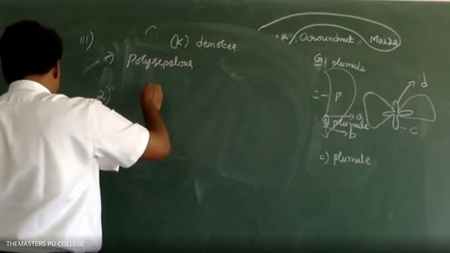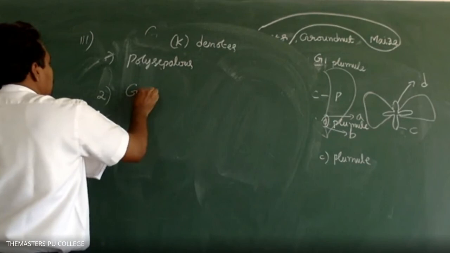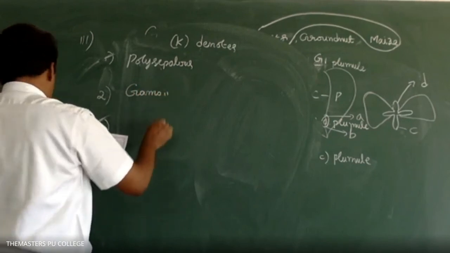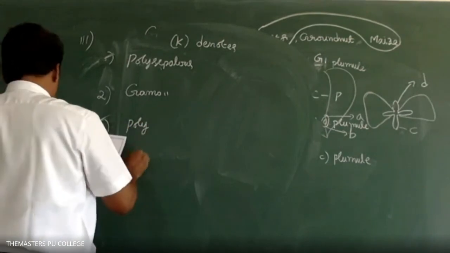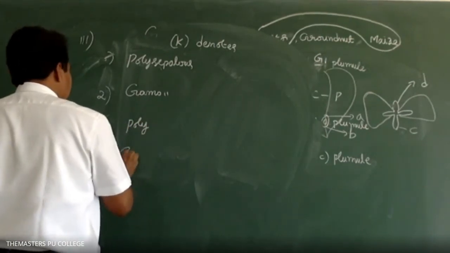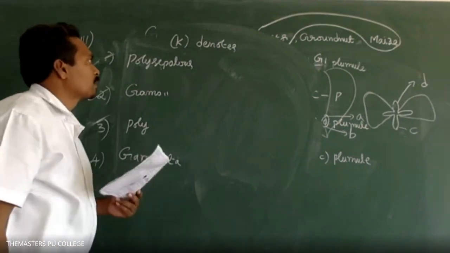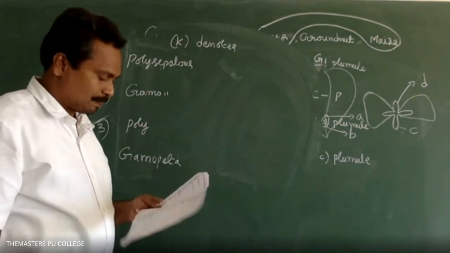Option 2 is gamosepalous. Option 3 is polypetalous. Option 4 is gamopetalous. Option 2, sir, gamosepalous. Very good. Option 2 is the correct answer.